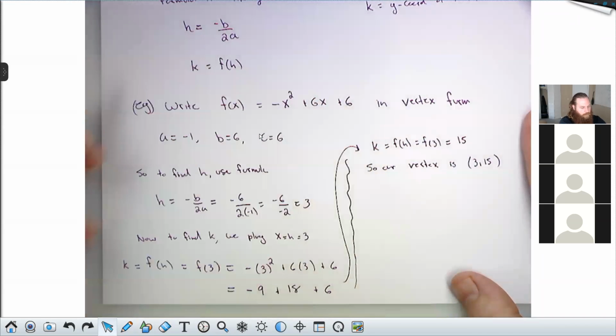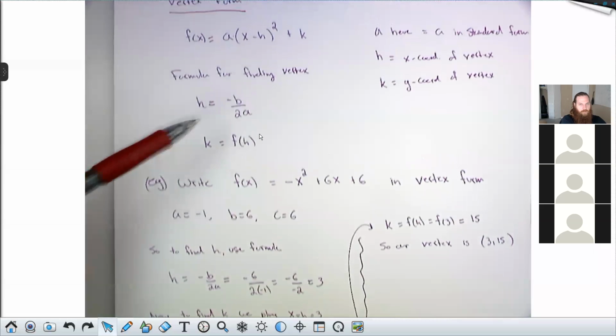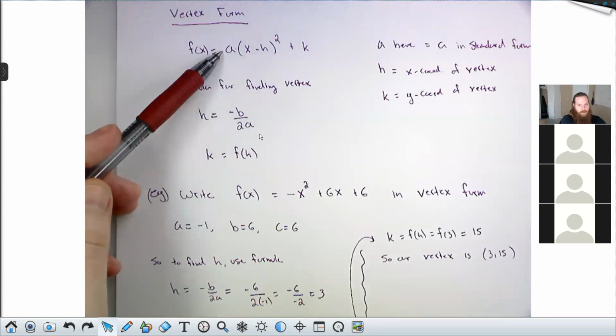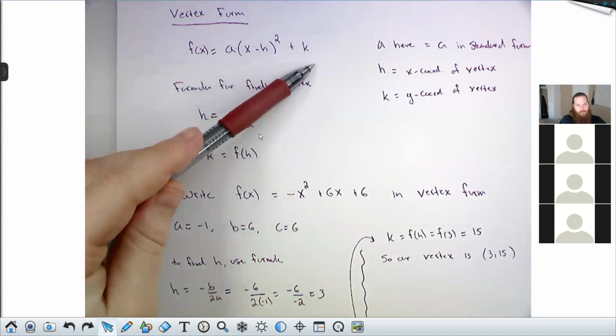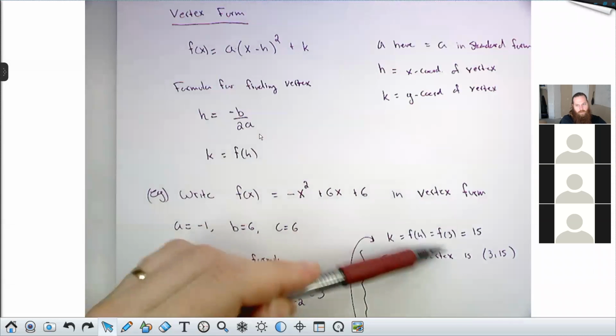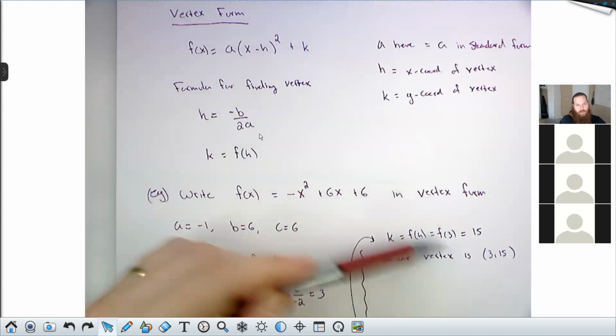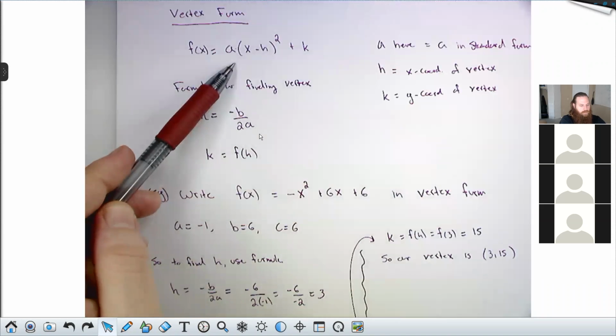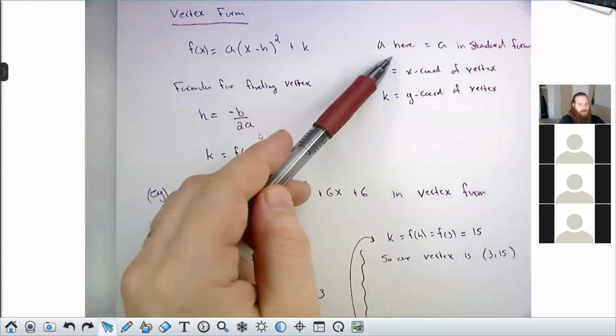And now we know how to write this in vertex form, right? Because to write it in vertex form, all you need are the numbers a, h, and k. h and k are the coordinates of the vertex, and a is always the same as a in standard form.